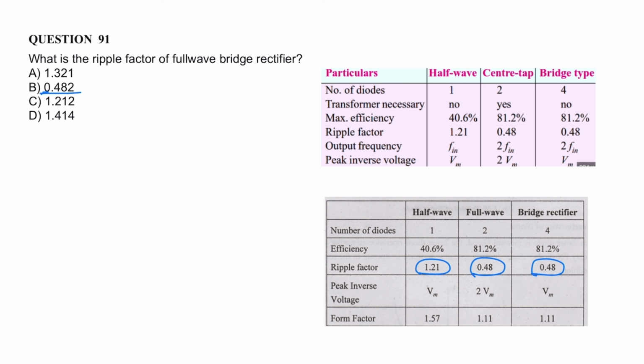For a half wave rectifier, the number of diodes is 1. In a center tap transformer full wave rectifier, the number of diodes is 2, whereas in a bridge rectifier, diodes are 4. The frequency is the same in a half wave rectifier, whereas the signal frequency gets doubled in a full wave rectifier.